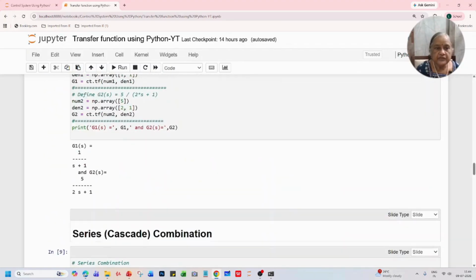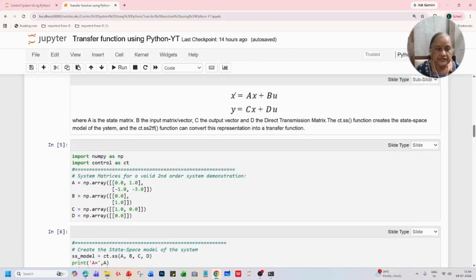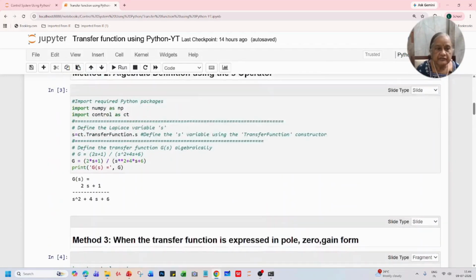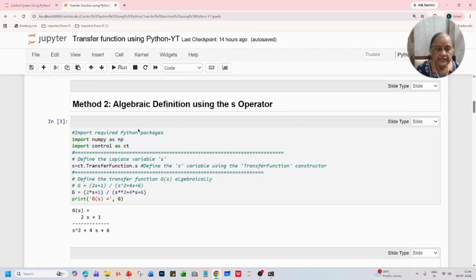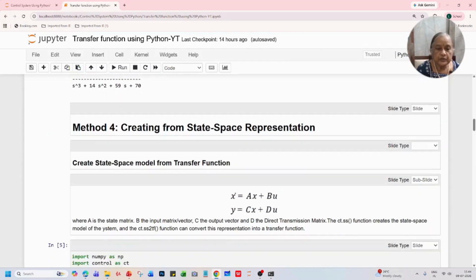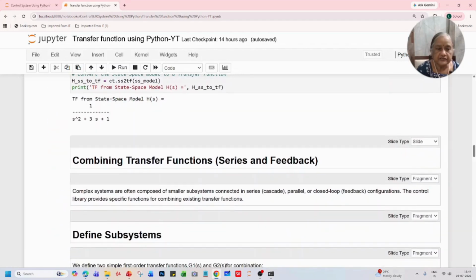We make use of ct.tf to construct the transfer function, and before that we define the elements of the transfer function depending on whether it is available as polynomials of s in the numerator and denominator, or as poles, zeros and gain, or if it is a steady state model of the transfer function.